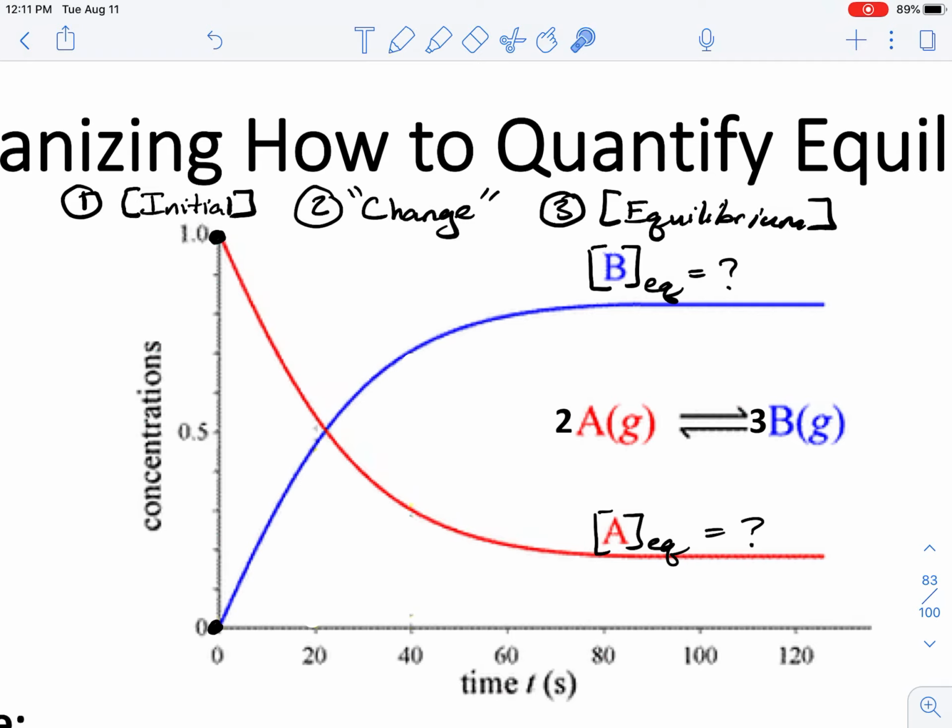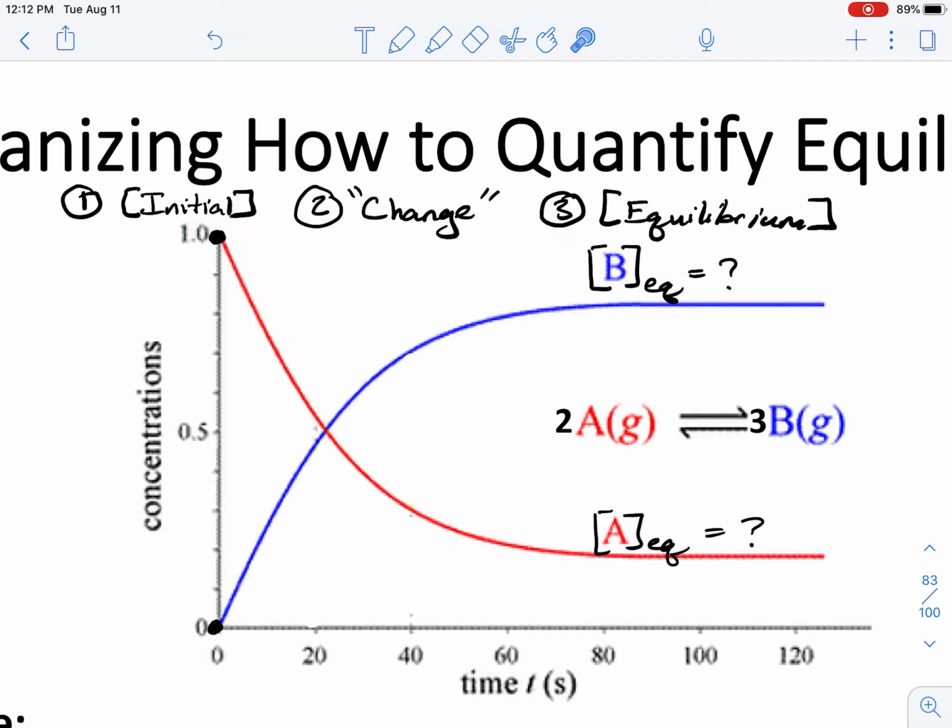We can think of the equilibrium concentration as the final outcome, or the final concentration that the reactants and products will have once the chemical system has reached a state of dynamic equilibrium. It's really easy for us to mathematically describe the initial and the final concentration.